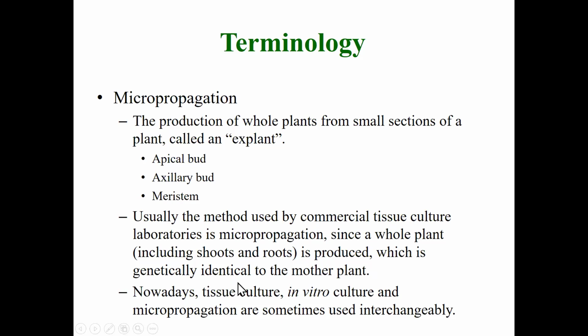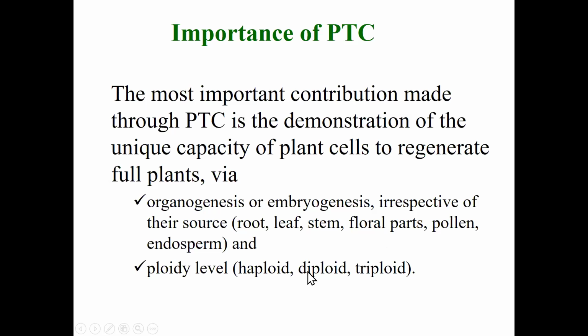This is why usually the plants produced through tissue culture are clonal propagation, or a clone to the mother plant. This is a very, very important point. And nowadays, tissue culture or in vitro culture or micropropagation are sometimes used in the laboratory for genetic engineering.